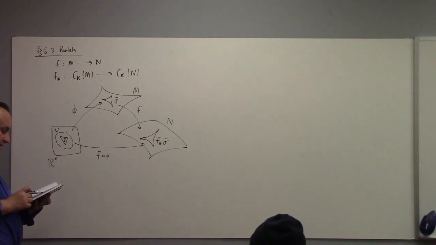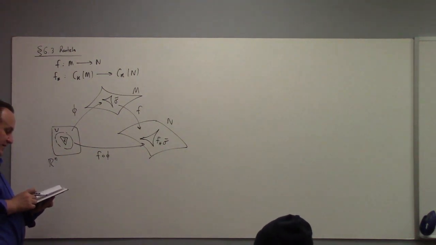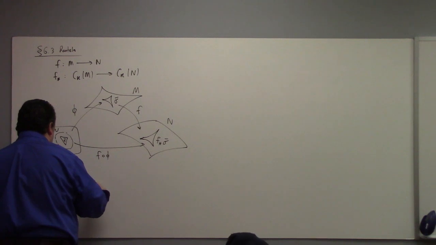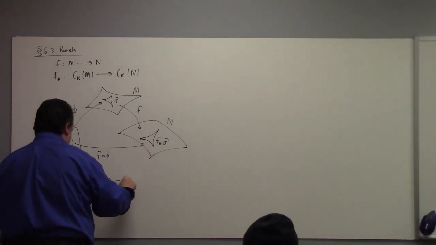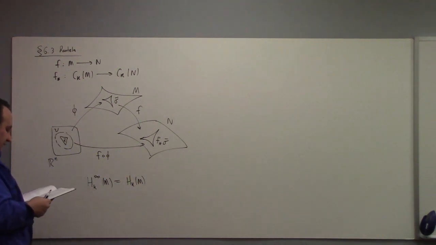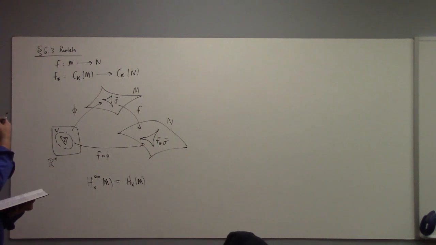And this leads to the so-called smooth singular homology. And we have a theorem, which is simply this: the smooth singular homology of M is the same as the homology of M, which we've been calculating before, but if we use the smooth triangulation, then it's the same.